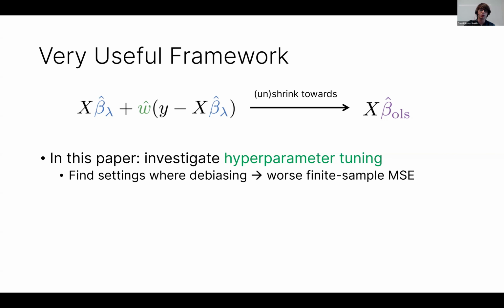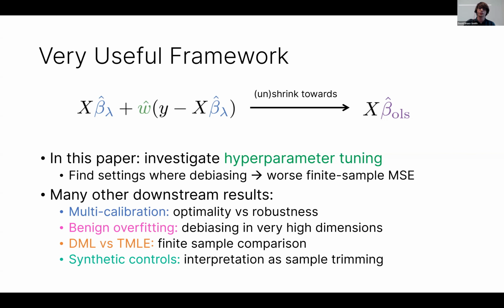One of the things that comes up is we find settings where debiasing actually gives you strictly worse finite sample mean squared error, which is surprising. But there are many other downstream results. We use this setup to find connections with multi-calibration in theoretical computer science, TMLE, synthetic controls, et cetera. Before I get into the results, I hope I can convince you that it's useful.